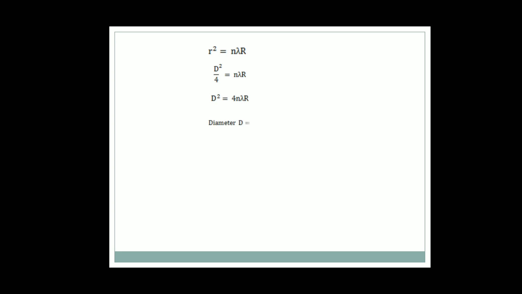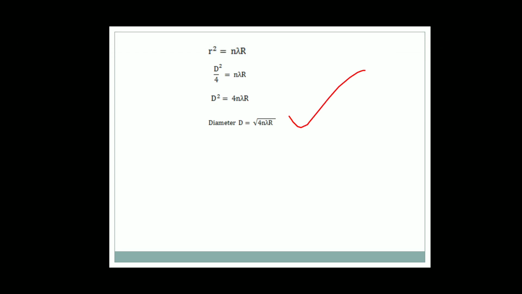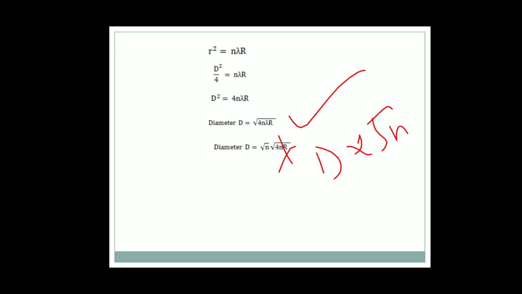So the diameter of the dark ring D is equal to square root of 4nλR, that is D is equal to square root of n into square root of 4λR. So according to this, D is proportional to square root of n. It is nothing but the diameter of the dark ring is directly proportional to the square root of the natural number.